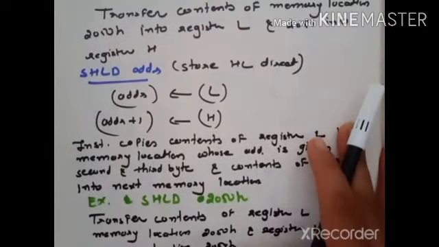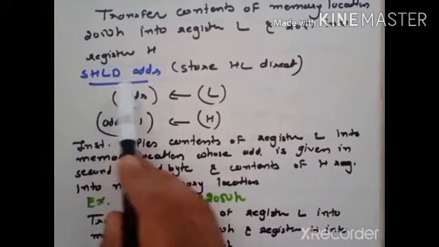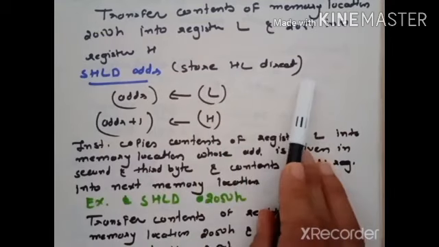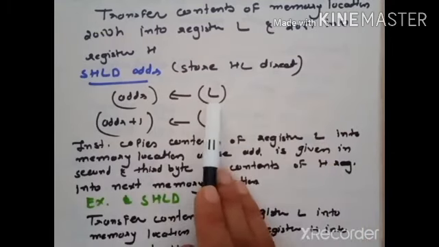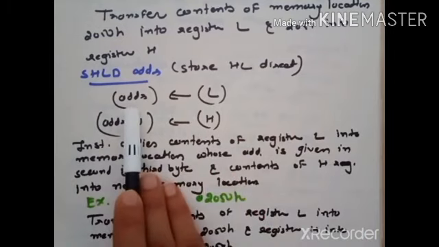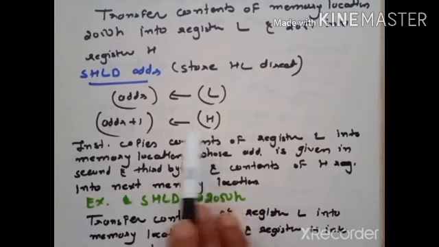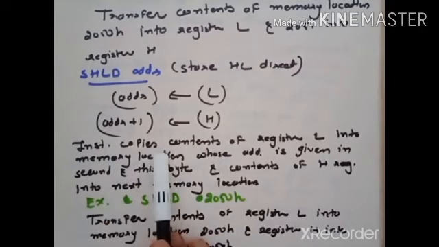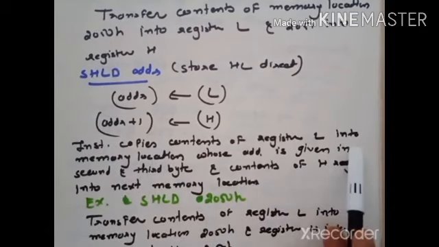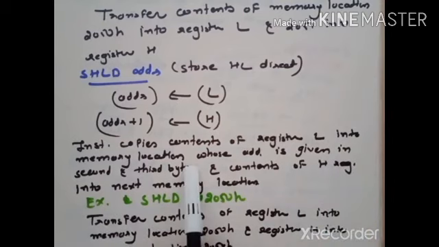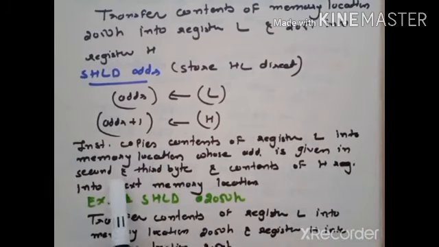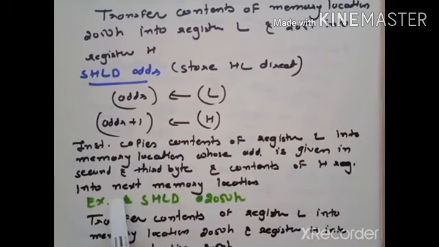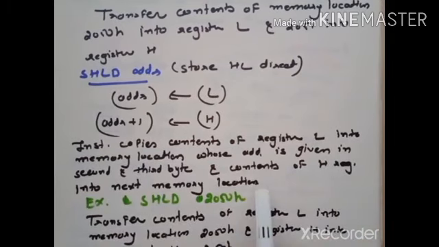Next instruction is SHLD address, that means store HL direct. So in this instruction content of L is transferred to address and content of H is transferred to address plus 1. So this instruction copies content of register L into memory location whose address is given in second and third byte and contents of H register into next memory location.